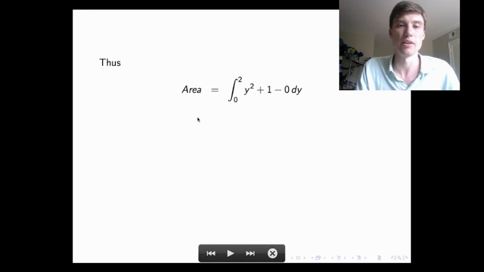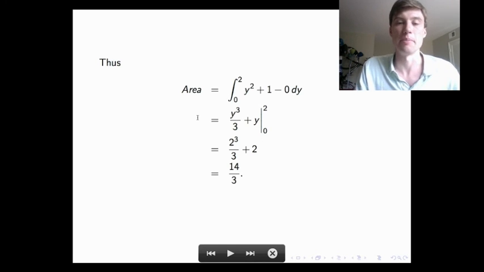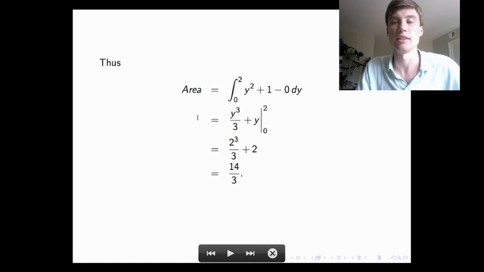Thus we will integrate over the interval 0 to 2 the top function y squared plus 1 minus the bottom function 0 with respect to y. This integrates to y cubed over 3 plus y, and we evaluate from 0 to 2, which is just 2 cubed over 3 plus 2, and after we simplify, this is 14 over 3, same as we got over x.